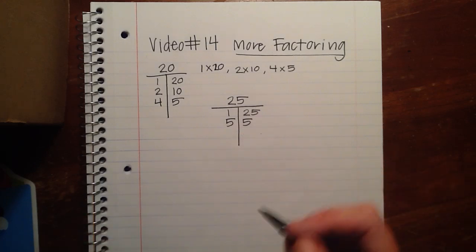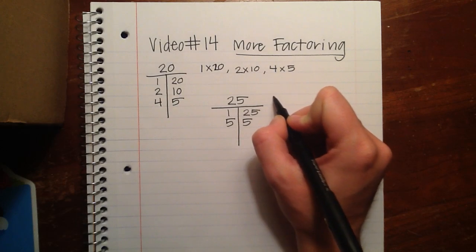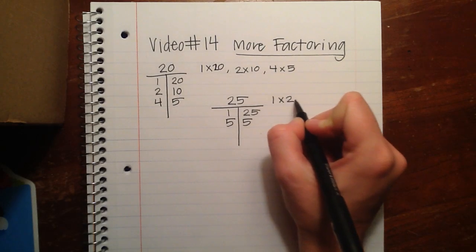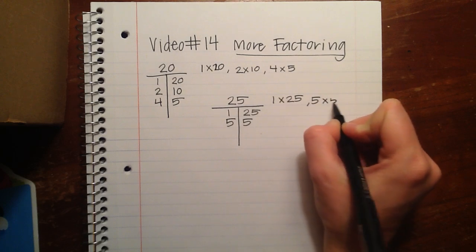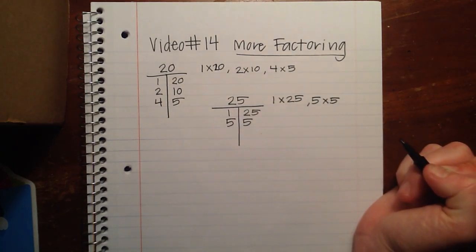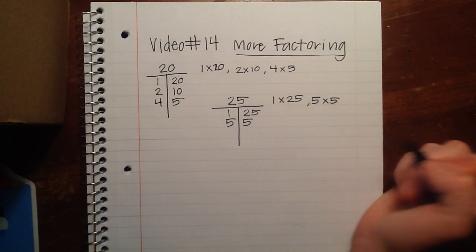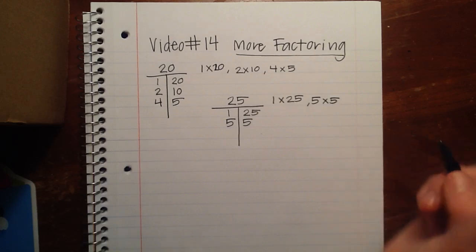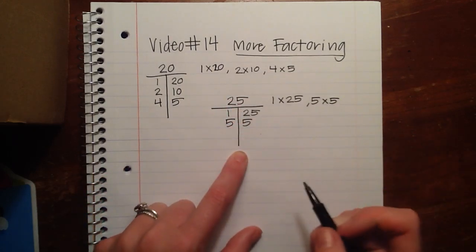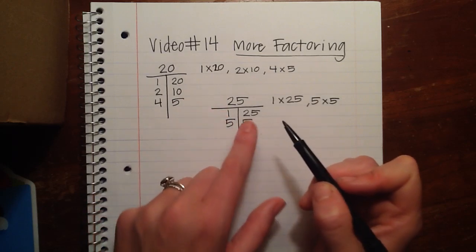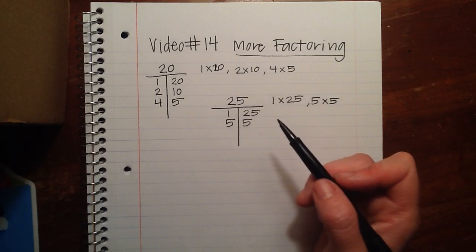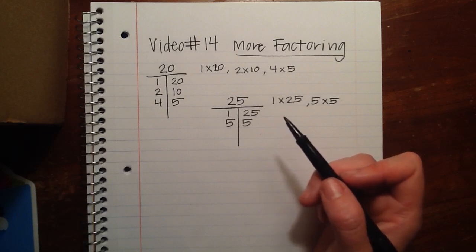So here would be 1 times 25 and 5 times 5. Those are my factor pairs for the number 25. Remember, my line equals basically a multiplication sign. And this just helps me go in order so I don't miss anything, because I need order in my life.